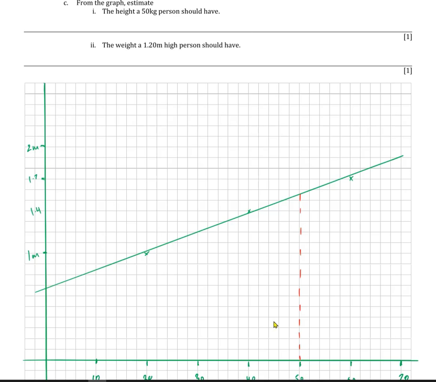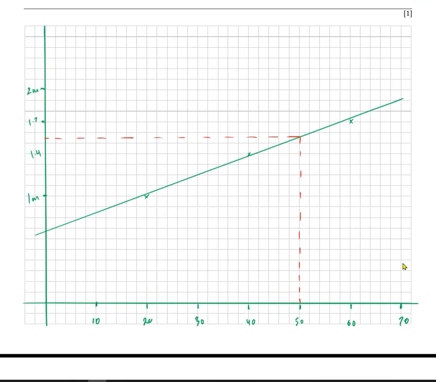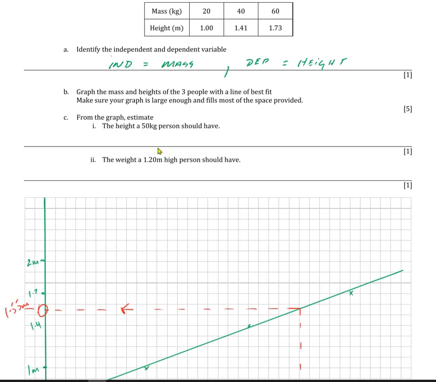So we've got 50 here, and then I'm going to use my ruler and measure across. So if I go up here and across there, I'm going to read my value here, which is about 1.55 meters.